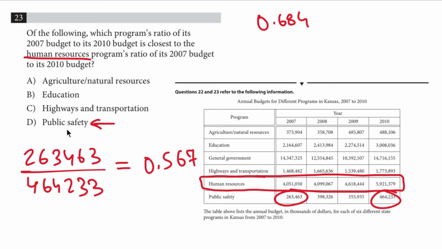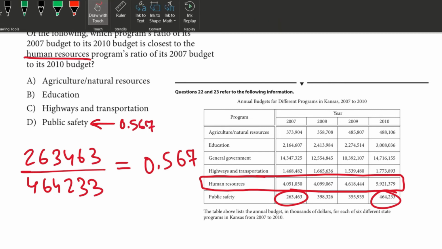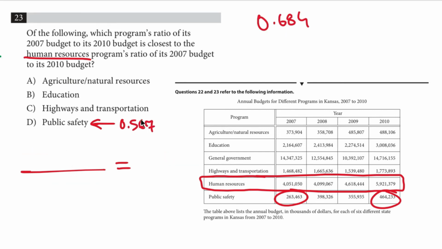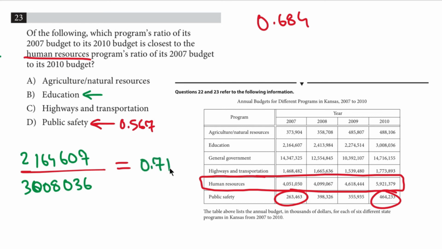So let's just say that public safety has this ratio, and let's try the other ones. Let's see what it is for the education program, okay? It is 2,164,607 divided by 3,008,036, and this gives me 0.7196. So I'll put it right here.